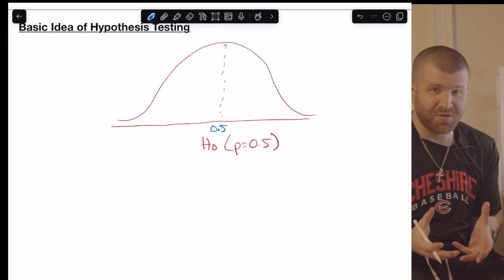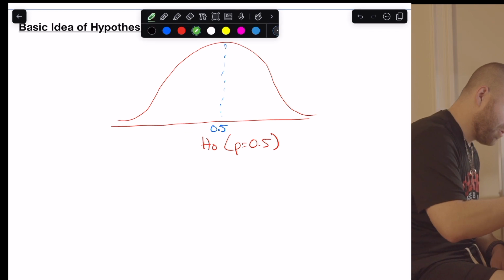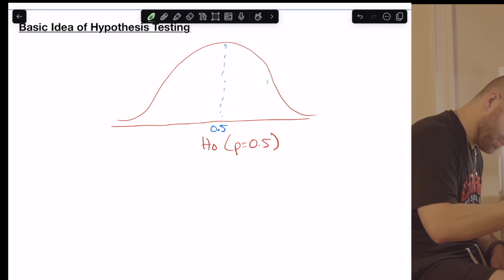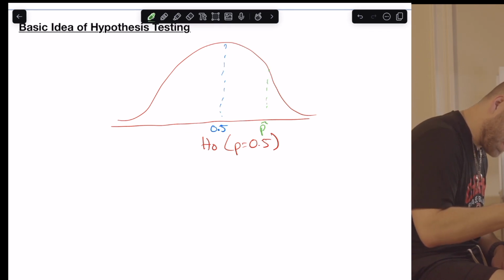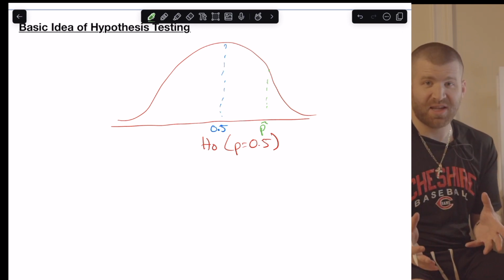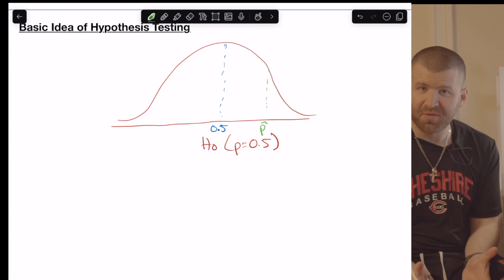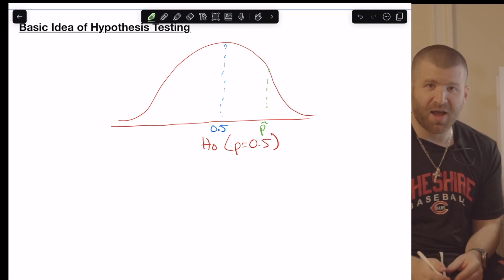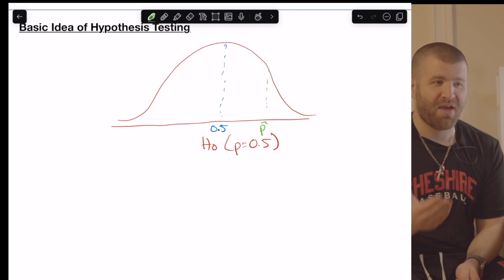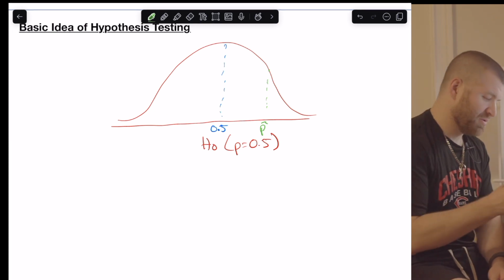What I'm going to do is take a sample and figure out where it falls. So maybe I take a sample here, and this is my sample, hence the p hat. And if that sample falls into my top 5 or bottom 5%, I'm going to say that I have evidence that my null hypothesis is false, right?